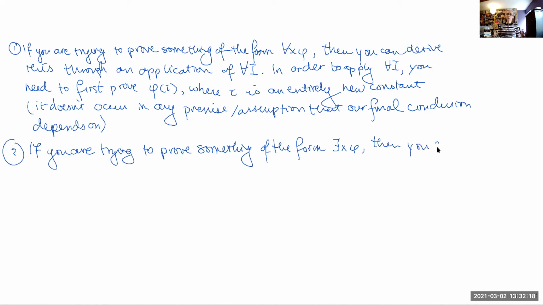Well, then you can use the existential introduction rule to get it. Now, the existential introduction rule in this very narrowly focused context is going to look a lot like the universal introduction rule, except that you don't have this constraint on which constant you pick.